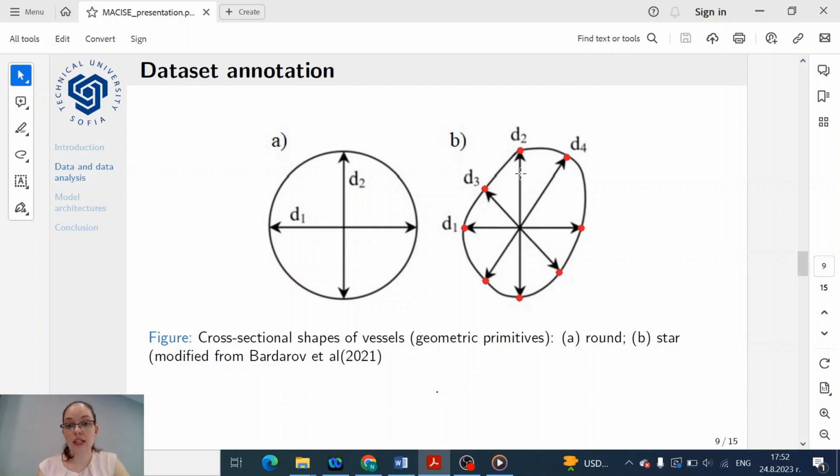Because of the size and the form of the vessel, and also due to the fact that it is annotated by hand. So in the perfect position, we can find an even number of points, but it can happen that, to describe the form better, we take an odd number.